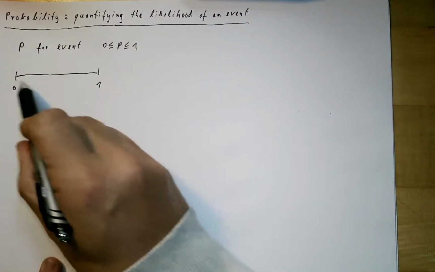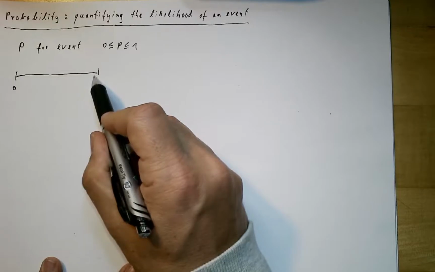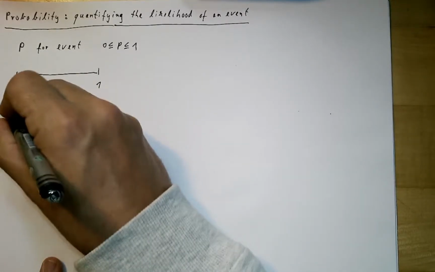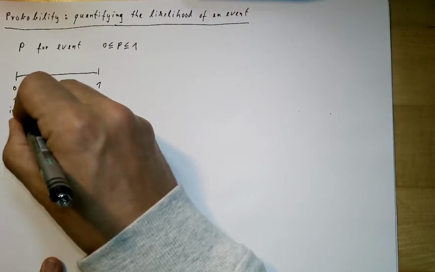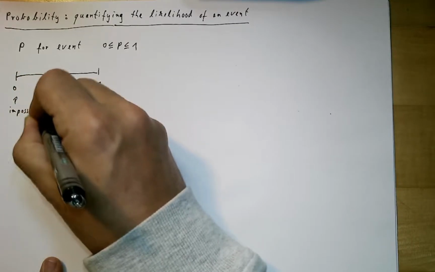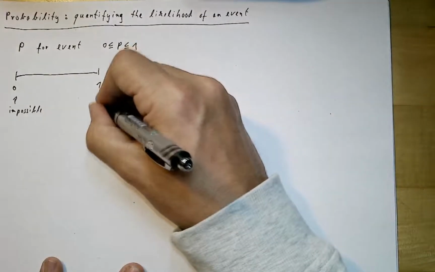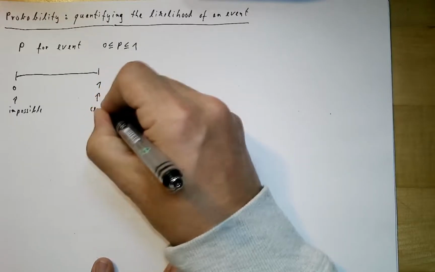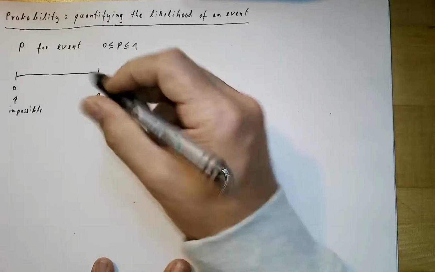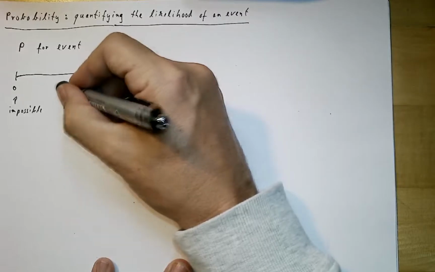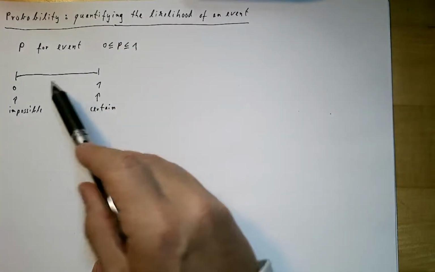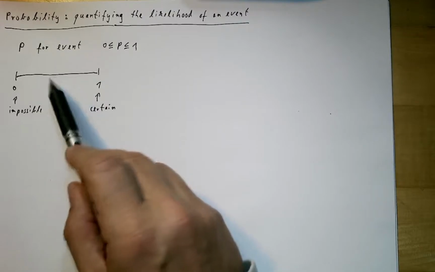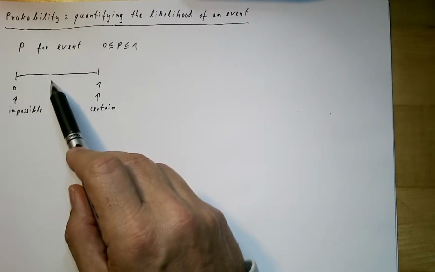And on this scale, this should give us the likelihood for the event. If P is equal to 0, this is an event which is impossible. An event with probability 1 is certain. And when we're somewhere in the middle, we don't know if it's possible or certain. So we quantify the likelihood.